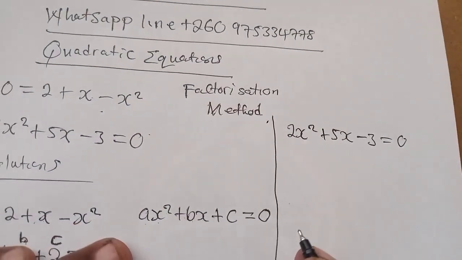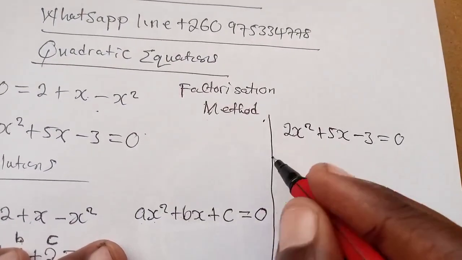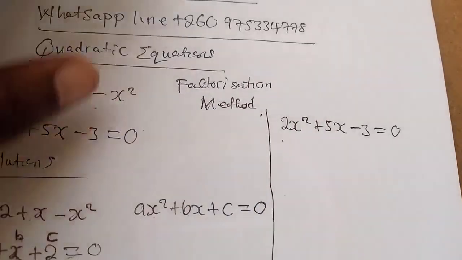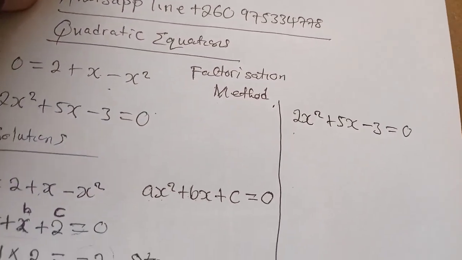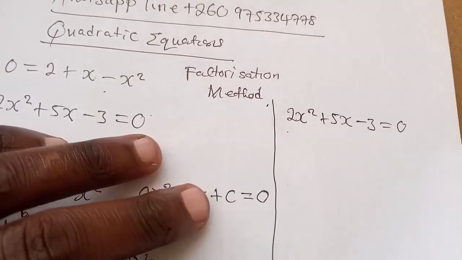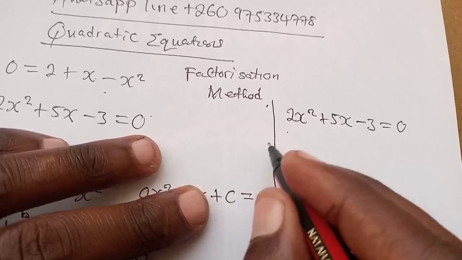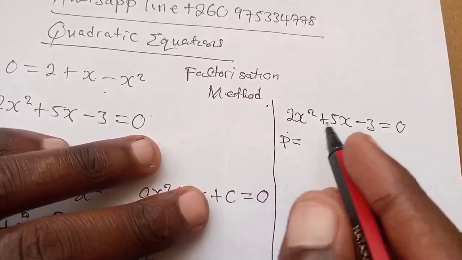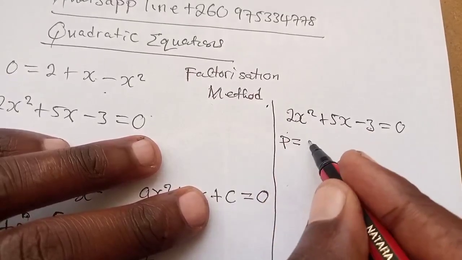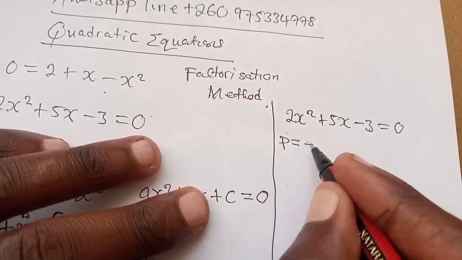The thing that you're supposed to do here is to find the product, sum, and factors. For the product, 2 times negative 3 is negative 6.